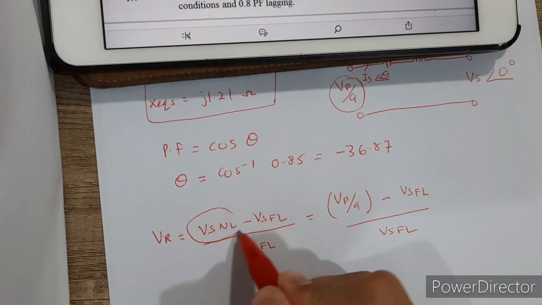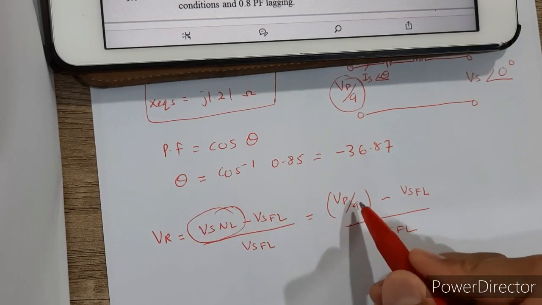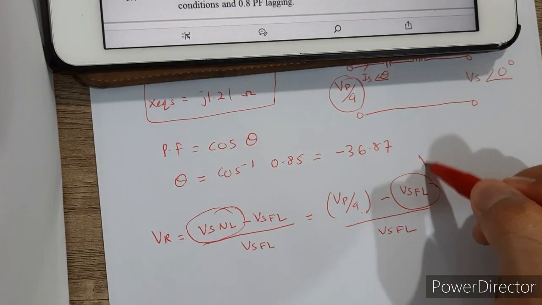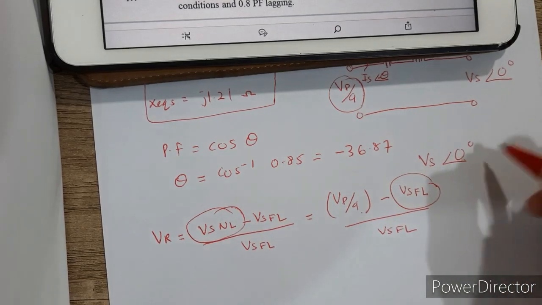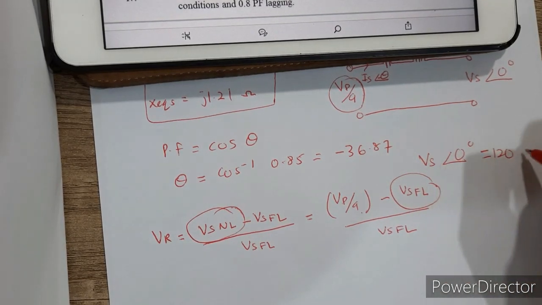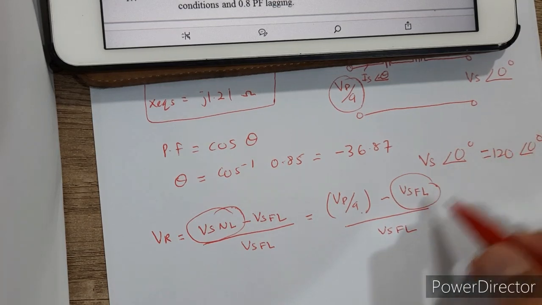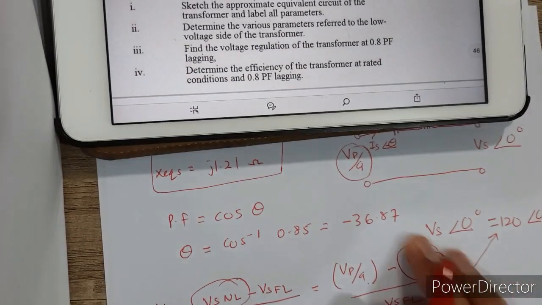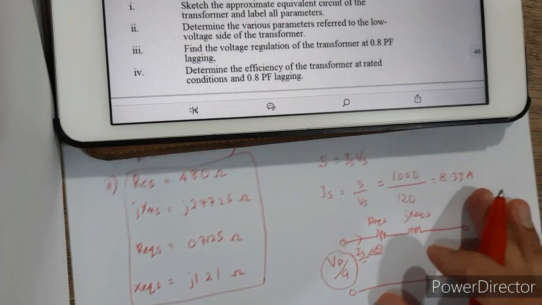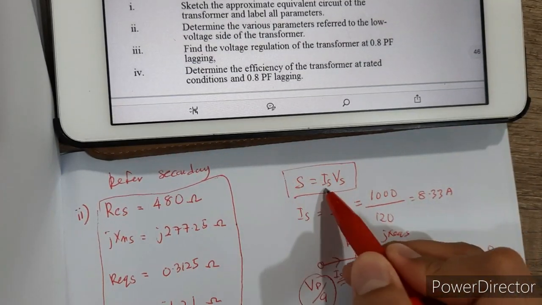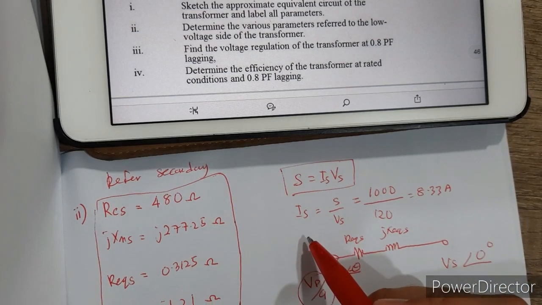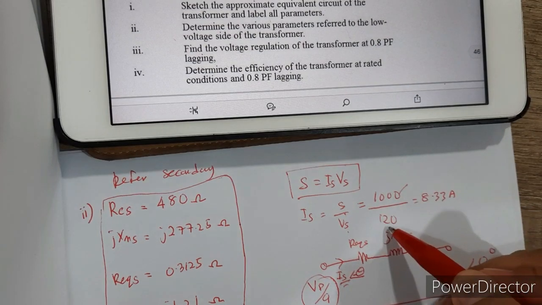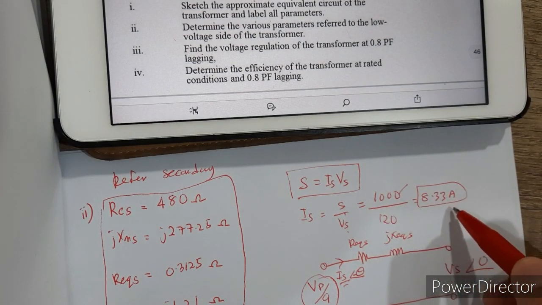For this case, VS no load is VP over A, because we referred to the secondary side. And then VS full load is our secondary voltage, which is VS angle of 0 degree equals 120 volt angle of 0 degree. And then what is IS? IS is the secondary current. Based on S equals IS multiplied by VS, you can determine IS by S divided by VS, which is 1000 given in the question, divided by 120 volt, so you get 8.33 ampere.